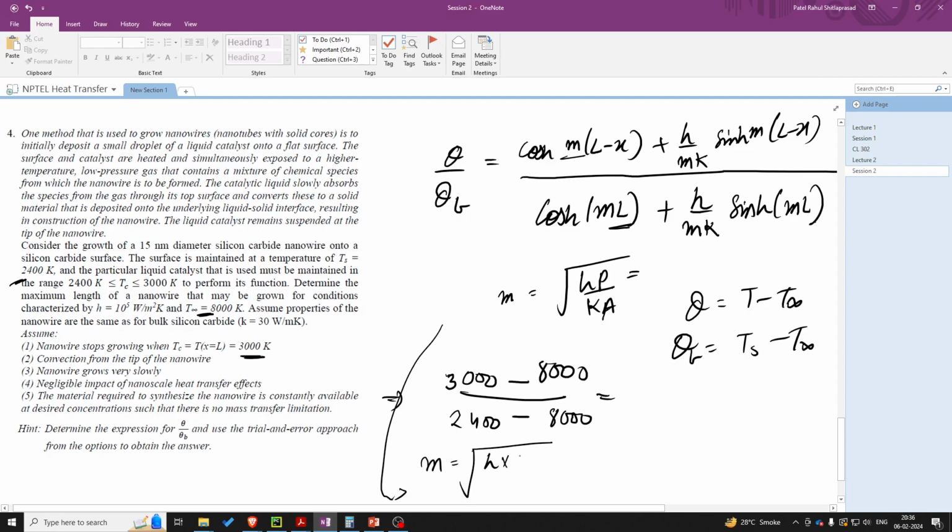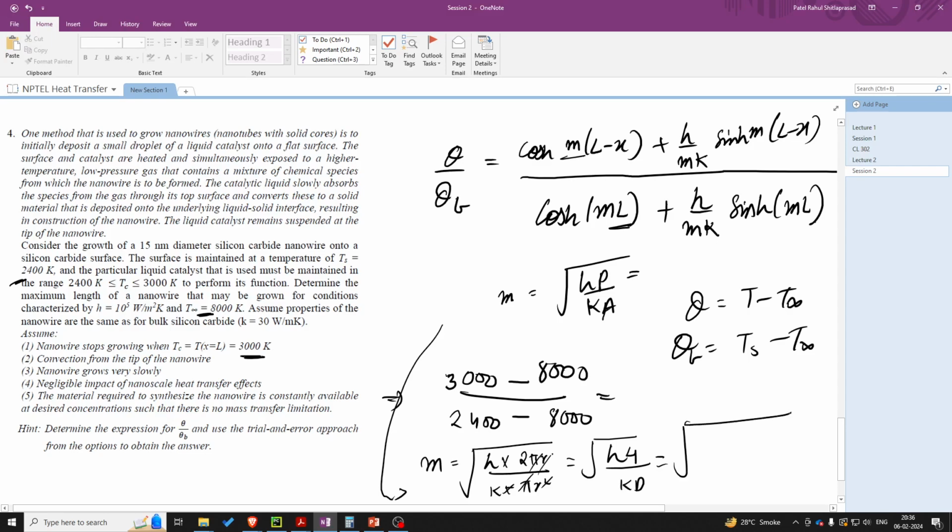The perimeter of the cylinder will be 2 pi r, and the cross-sectional area will be pi r squared. Pi will get cancelled, and we have been given in terms of the diameter. So in terms of diameter, we can just write this as 4h upon kd.